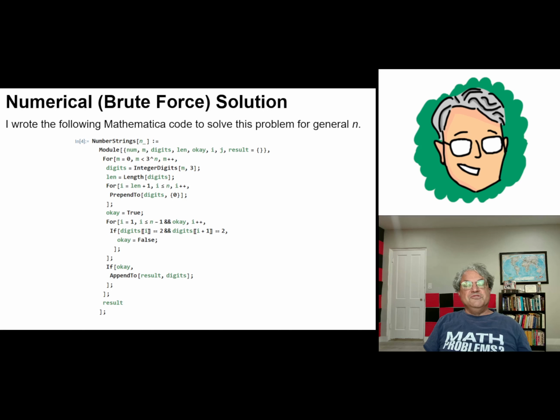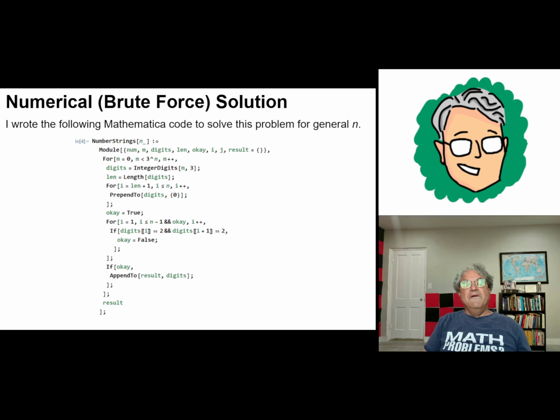But that doesn't quite do the job because you're going to get too many. You're going to get all the strings that have two or more consecutive 2's, and we want to eliminate those. That's what I do with the second for loop inside the first for loop. You notice that I have a condition here: if digit i equals 2 and digit i plus 1 equals 2, that's just another way of saying there are two consecutive 2's.